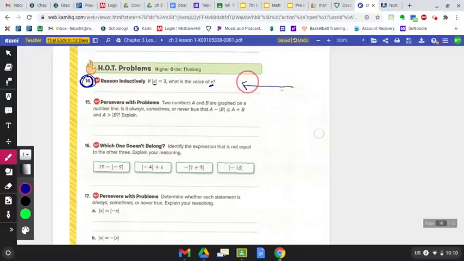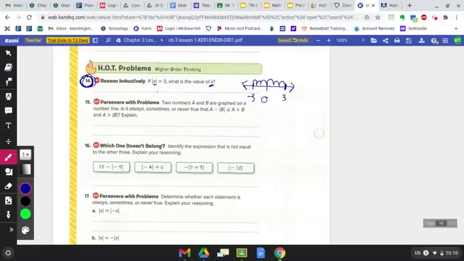If we visualize it, here's 0, and the answer is going to have two possibilities. I could start at 0 and go 1, 2, 3, and that would be positive 3. Or I could go to the left, 1, 2, 3, and end up at -3.